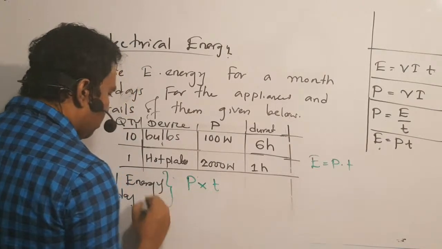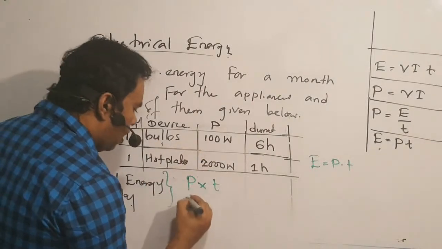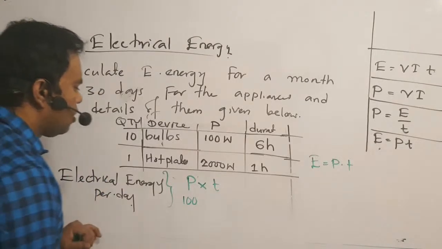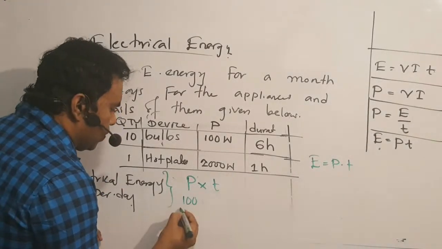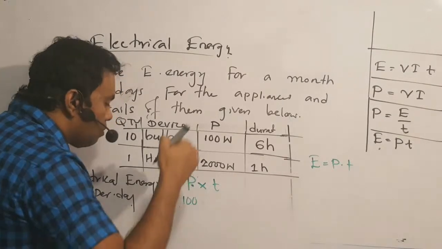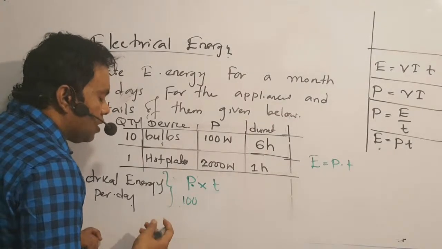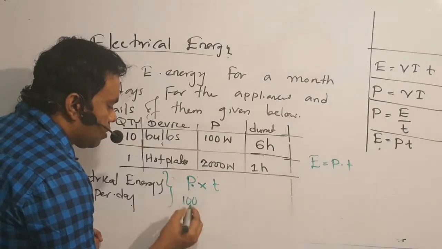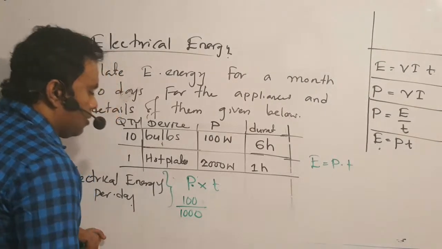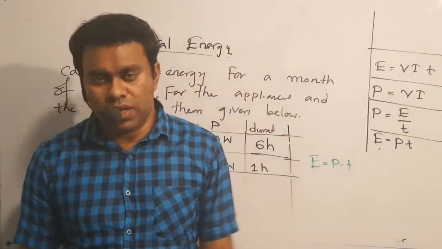Power is given as 100 watt. To convert that into kilowatt, because power is measured in watt, we have to divide that by 1000. If we don't divide by 1000, a huge value comes out.